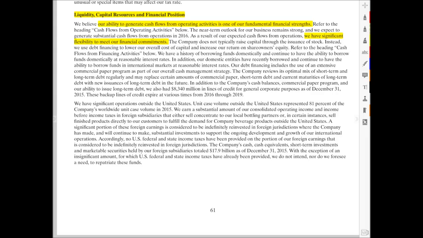Now, for other companies that you might look into, you might see a really grave statement here. You're reading the company's press reports and it's, oh, we're going to take over the world. But then you go to their 10-K and read the liquidity, capital resources, and financial position, and the first sentence says, we'll either need to raise money or we're out of business in 6 months. I've seen sentences that basically say that.